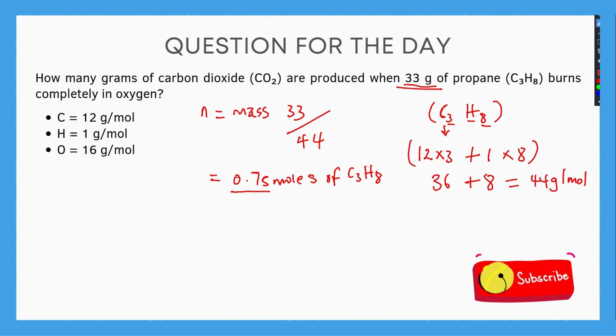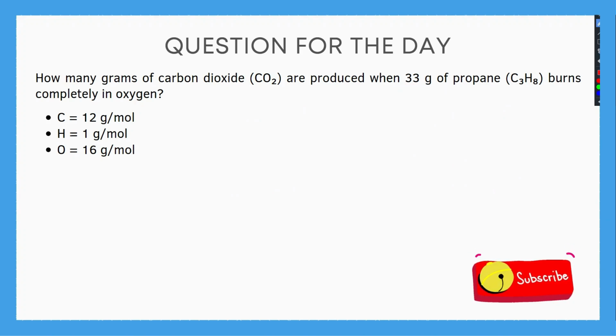So now let's write out the chemical equation. Our chemical equation is C₃H₈ plus O₂ giving us CO₂ plus H₂O.